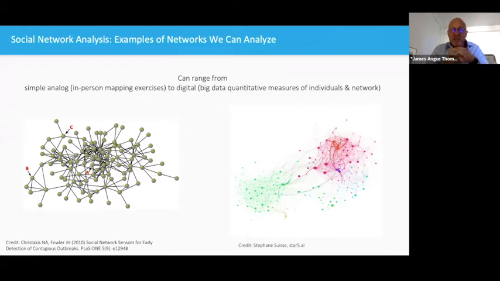I'll come back to this, but they mapped out a social network within college dorms in a US college or university, for those of you who aren't from the US. And we can go from that all the way to accessing big data to understand the interactions of thousands or millions of individuals, the networks that they form, etc.